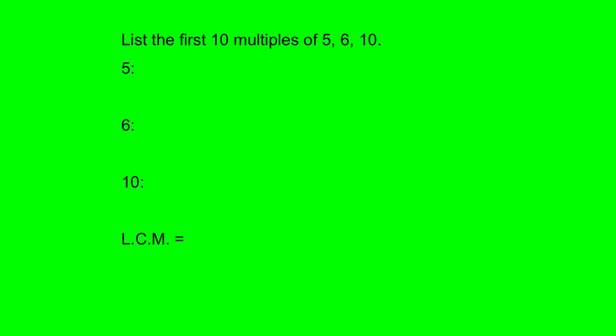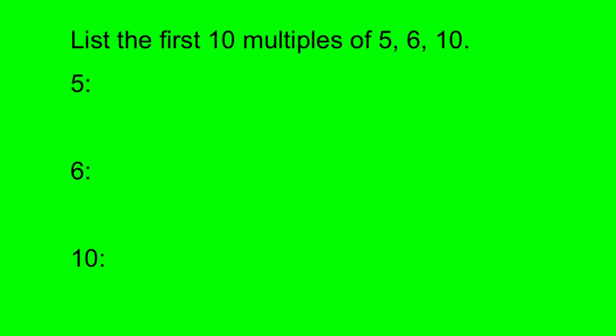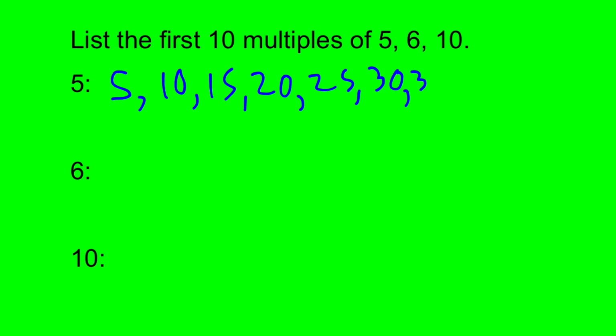And then I think the last one we did, it said list the first 10 multiples of 5, 6, and 10. So the first 10 multiples of 5: 5, 10, 15, 20, 25, 30, 35, 40, 45, 50.